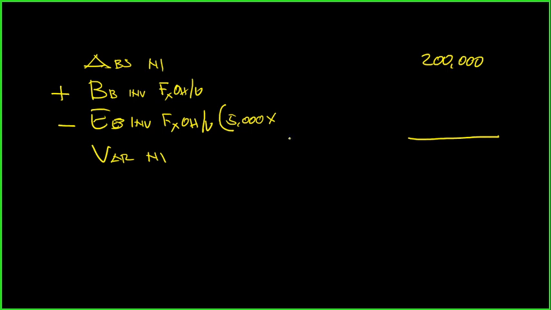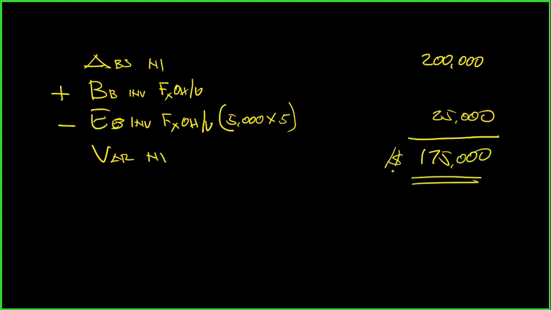Our fixed cost per unit is, na-compute ko na to kanina, 5. There you go. So, 5 times 5, you have 25,000. And we are almost done for year 1. This is $175,000 as your variable costing net income. This one is for year 1.